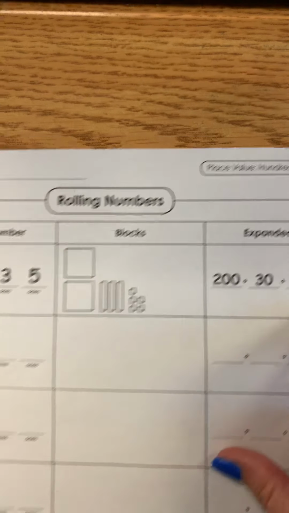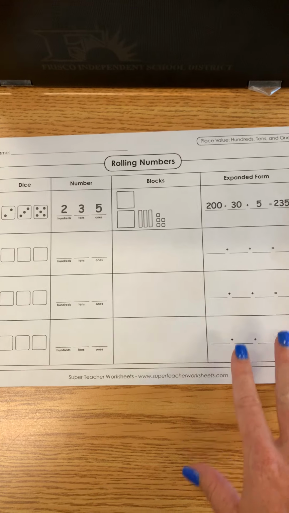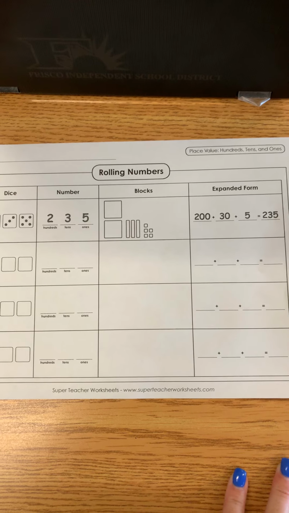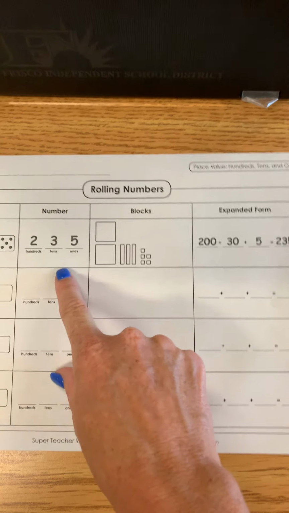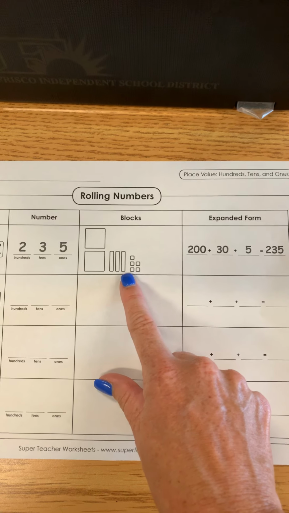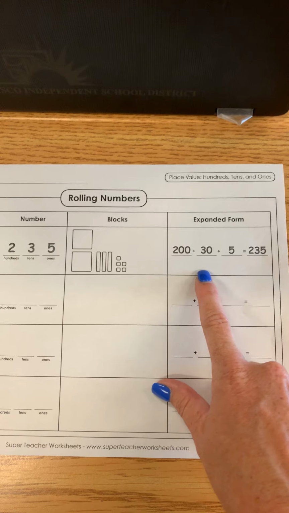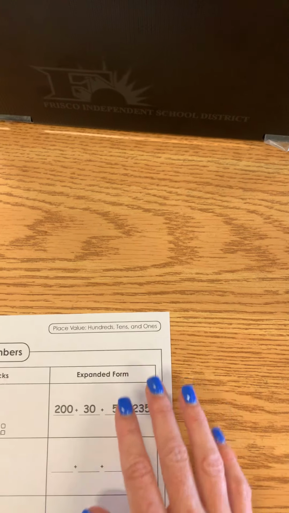So again, you're going to go in and fill these out. If you do not have a printer and you can't print this out, just go ahead and do it on paper. The most important thing is we're practicing writing it in standard, drawing it out, and then putting it in expanded form. All right, I can't wait for you to practice this.